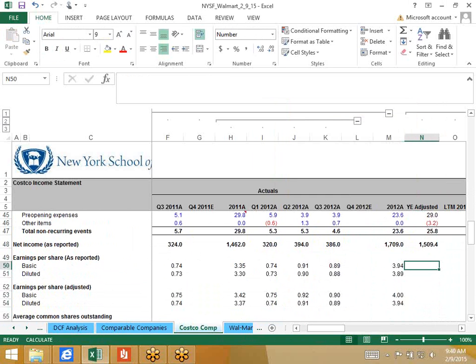So the question you want to ask yourself is, as of January 31st, 2012, what was the closest number that reflects the accumulated number of shares they had at the time.